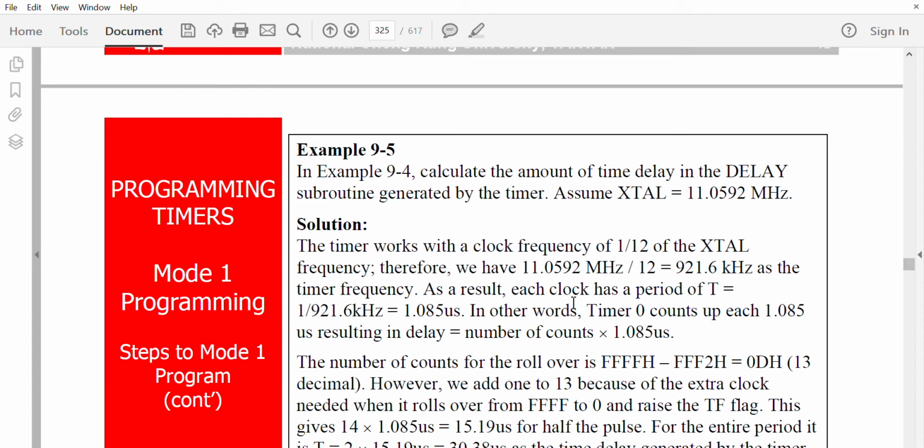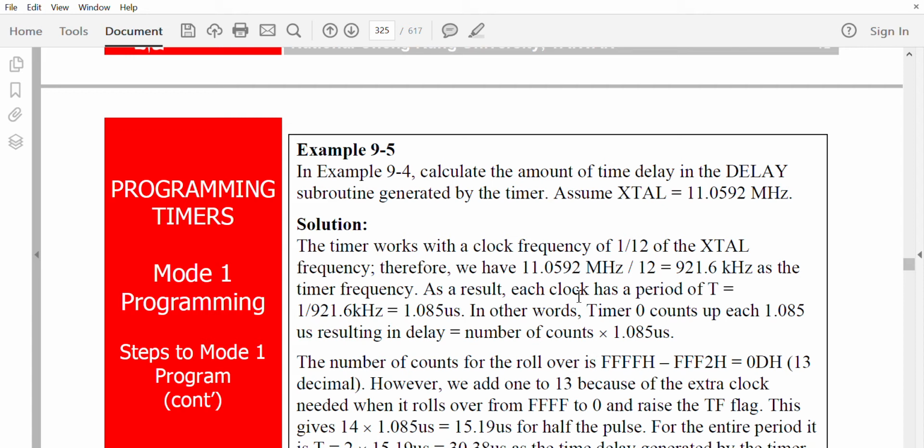So what is the total number of counts you can calculate? That is FFFF minus the initially loaded value. The final value is always FFFF. So that minus the initially loaded value plus that 0000, so plus 1.